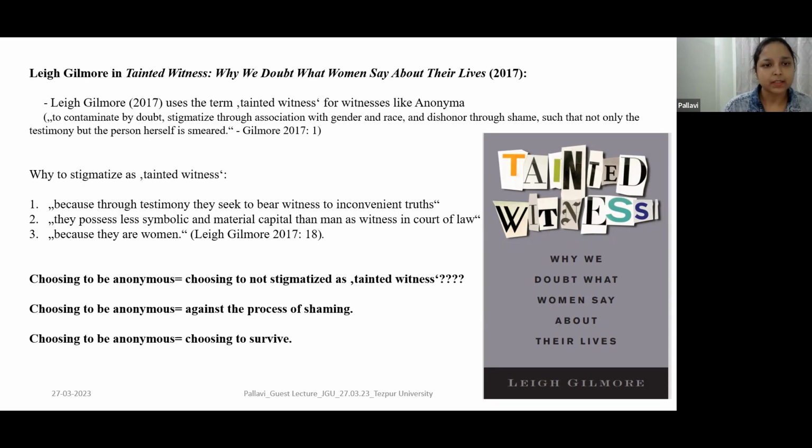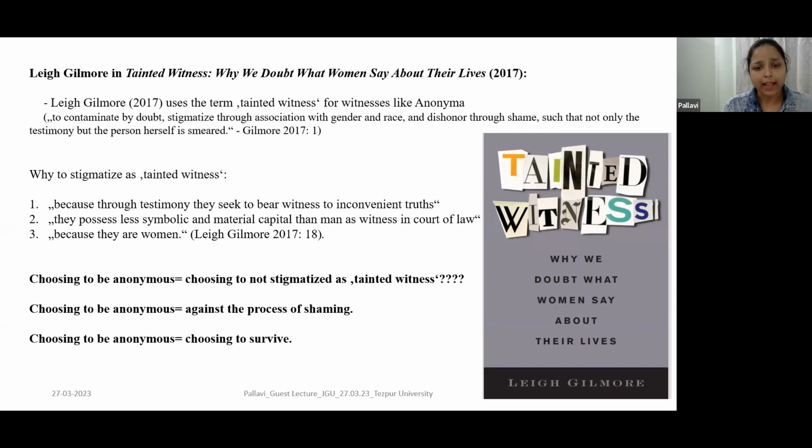Why stigmatize as tainted witness? Because through testimony they seek to bear witness to inconvenient truth, which is also the case here with Anonyma. They possess less symbolic and material capital than men as witnesses in a court of law, and because they are women.